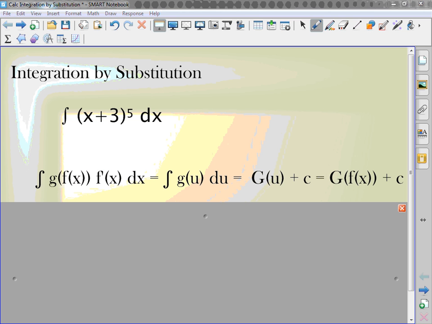It's the integral of g of f of x, times f prime of x dx, which we're just going to rewrite as the integral of g(u) du. So you take the antiderivative of g plus c, and then we just substitute back in. I'll let you write it down, then I'll explain it a lot better the way it looks.